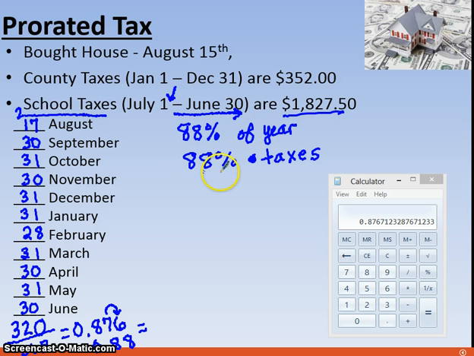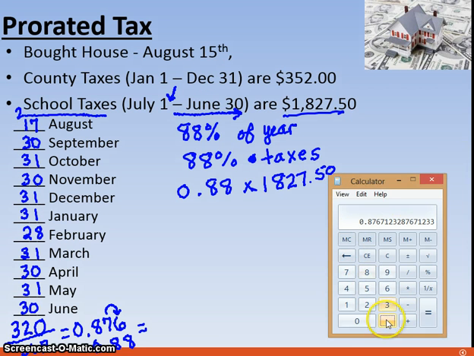To do that, we need to change the percent back to a decimal, so 0.88, times the tax amount for the school taxes, $1,827.50. If we use our calculator to do that multiplication, we get 0.88 times $1,827.50.